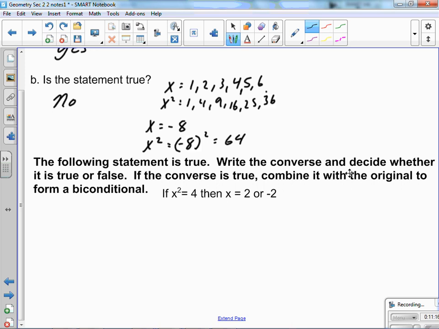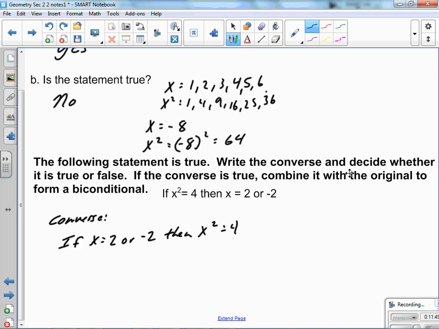So we've got if x squared equals 4, then x equals 2 or negative 2, which that statement is true. The converse of that then is going to say that if x equals 2 or negative 2, then x squared is going to equal 4.